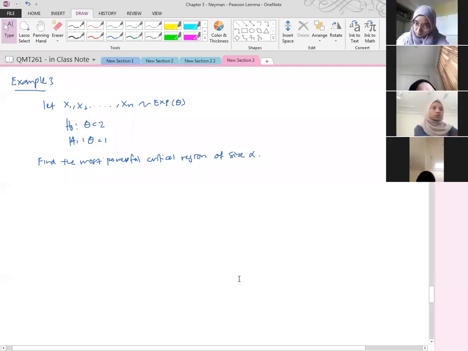So first we need to know the distribution of each sample. It has an exponential distribution with parameter theta, and the PDF of the exponential is 1 over theta times exponential negative x divided by theta, for x more than 0.